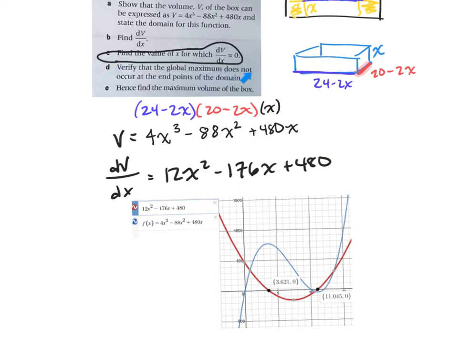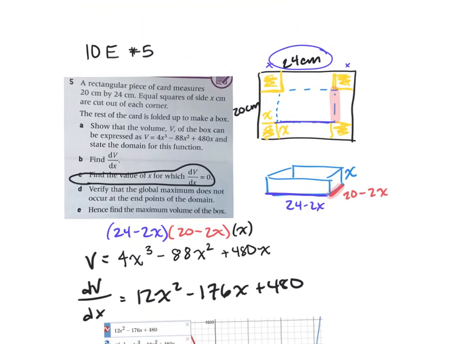And then it says verify the global maximum does not occur at the endpoints of the domain. So what's the domain going to be like on this one? Well, if you go back to your lovely little box here, what are the possible squares that I could cut out? Well, I could not cut anything out and I'd get a flat piece of paper. Or I could cut all the way up to 10 centimeters out on each side, right?